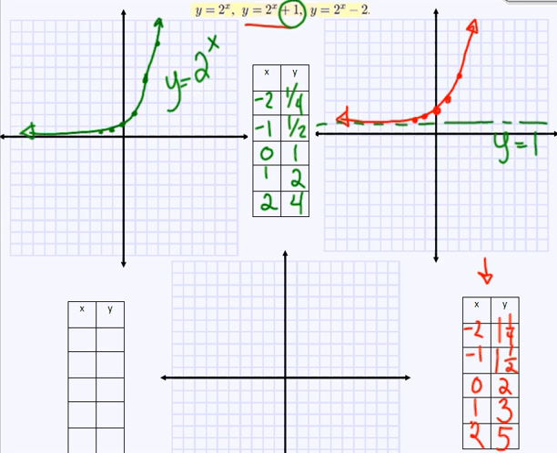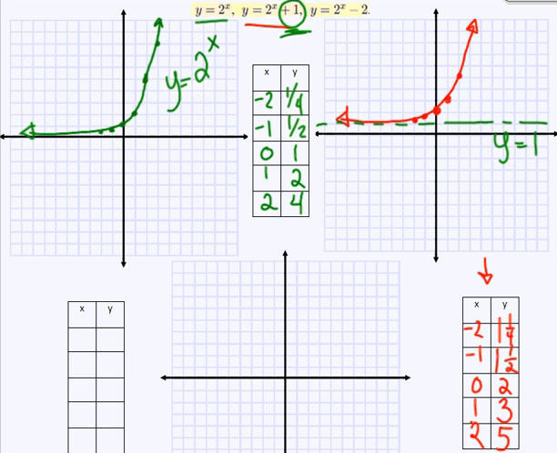And of course, it moved our horizontal asymptote up 1. Normally, as we saw with y equals 2 to the x and with y equals 3 to the x, our horizontal asymptote was at y equals 0. So this plus 1 has moved our horizontal asymptote up 1.